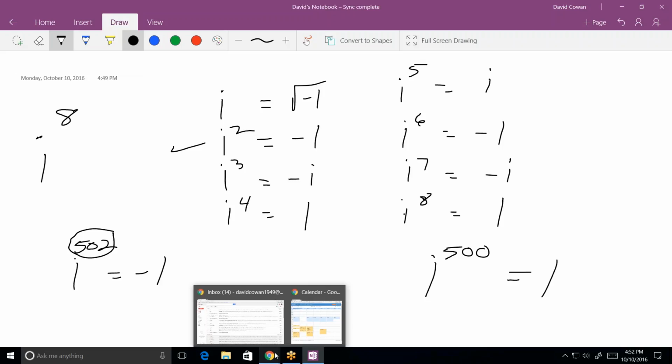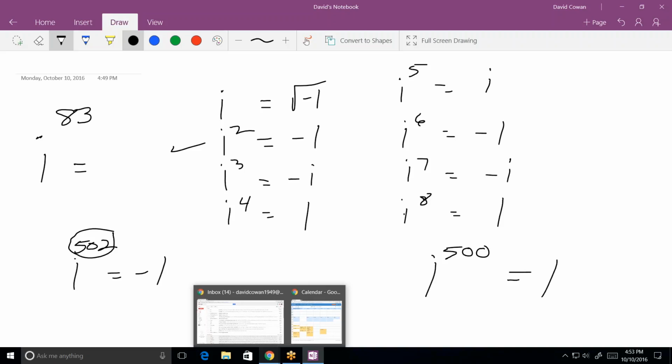83rd power, what would that be? Would that just be square root of negative 1? No. What's the remainder when you divide that by 4? It's 20.75.